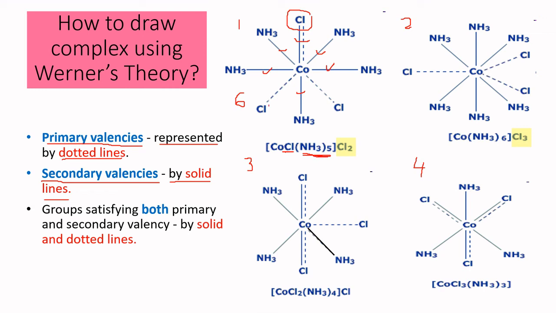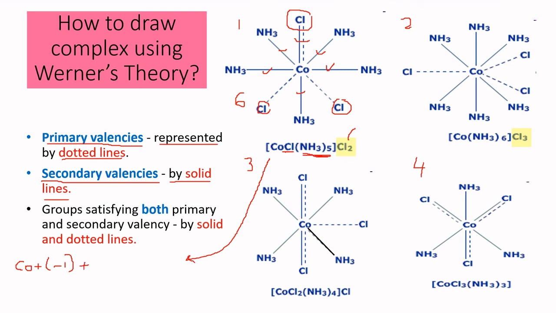So these 2 chlorines, which are represented by the dotted line, serve as counter ions, to satisfy primary valency or to neutralize the charge of the complex. In this case, if we want to calculate the oxidation state of the cobalt, we do not know the oxidation state of the cobalt, but we know that chlorine has -1 charge. And then we have 5 ammonia here.